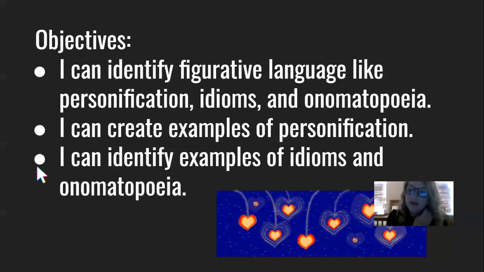And then, I can identify examples of idioms and onomatopoeia. So we went through those checklists, and we put an X next to the ones we thought were onomatopoeias and idioms. So those are our objectives, and that's what we covered today.